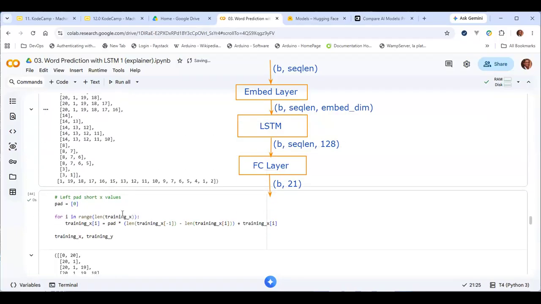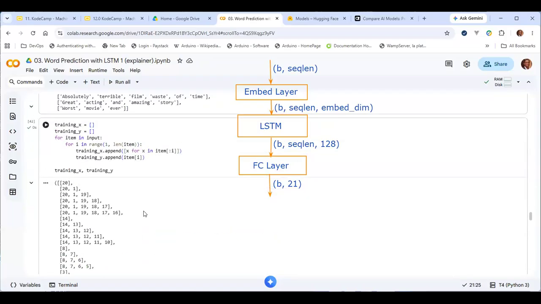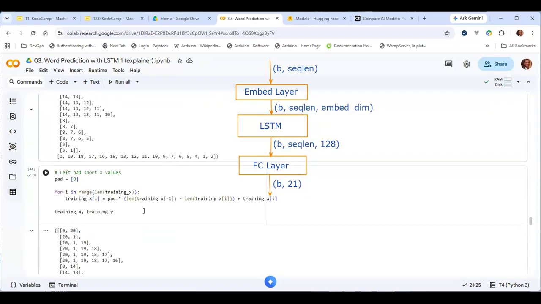For I in range, length of training X, training XI.